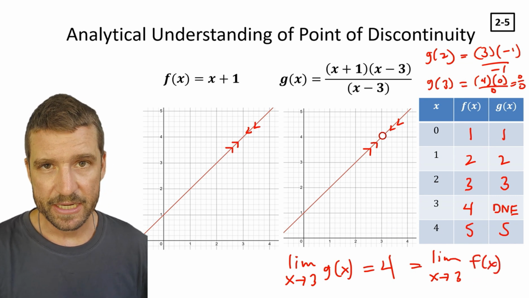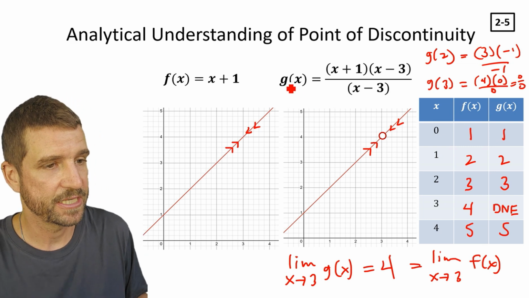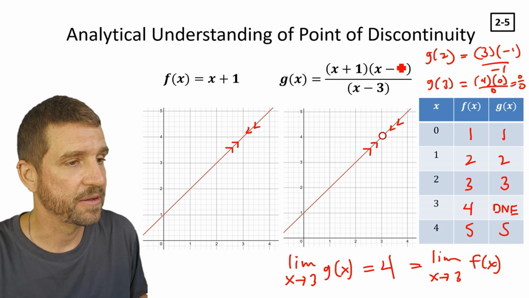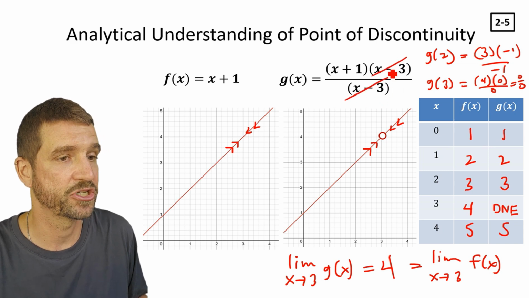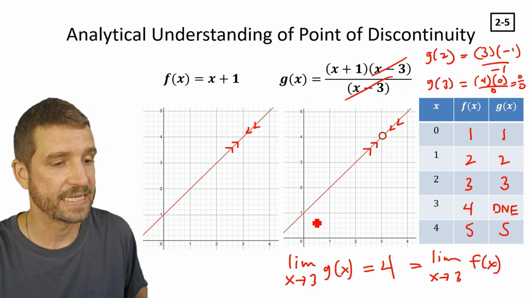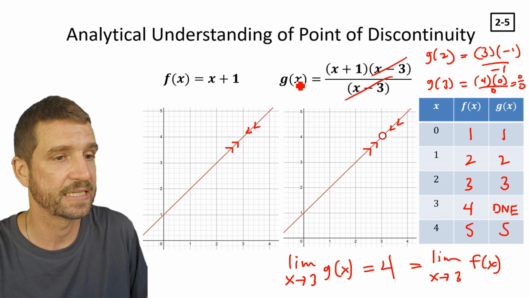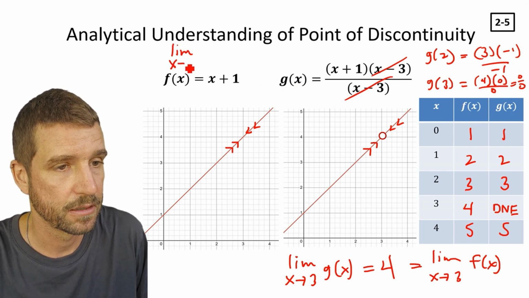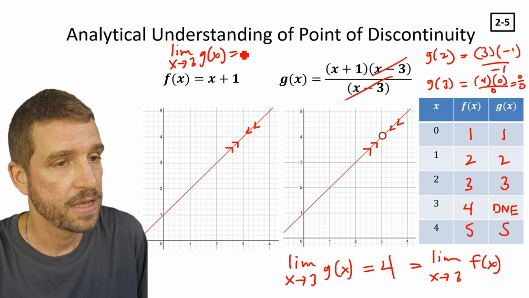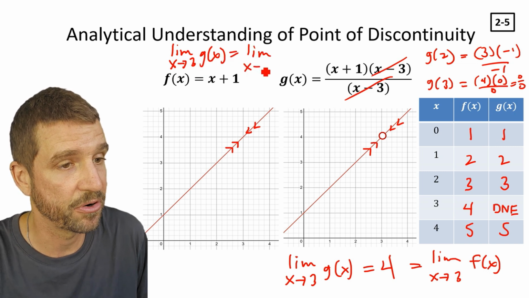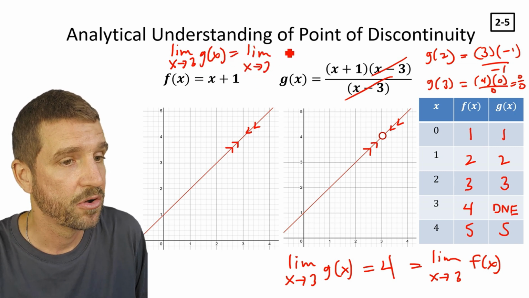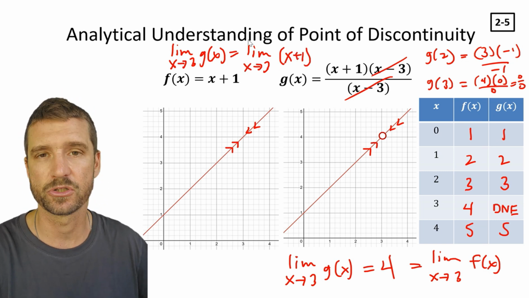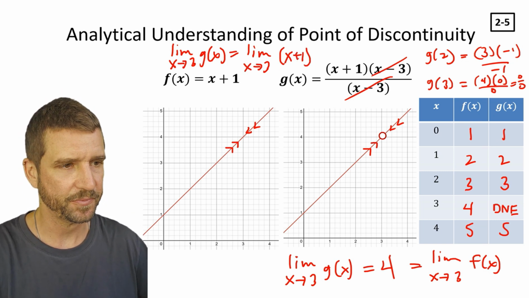So, in knowing this, if I were to ask you what's the limit as x approaches 3 of g of x, well, you could just cross out x minus 3, and you could say the limit as x approaches 3 of g of x equals the limit as x approaches 3 of f of x, or x plus 1, okay? Those two will be equal to one another, all right?